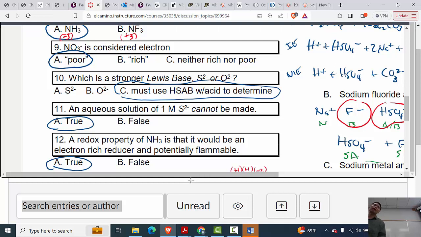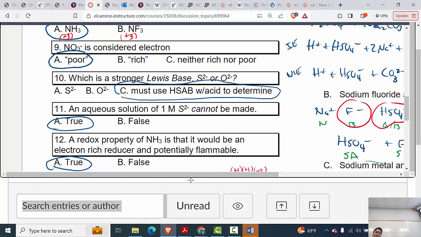The leveling effect for acids is this. All strong acids have the same strength in water because they all ionize 100%. What's the leveling effect of strong bases? Yes, forms hydroxide. So all strong bases will hydrolyze water 100%.